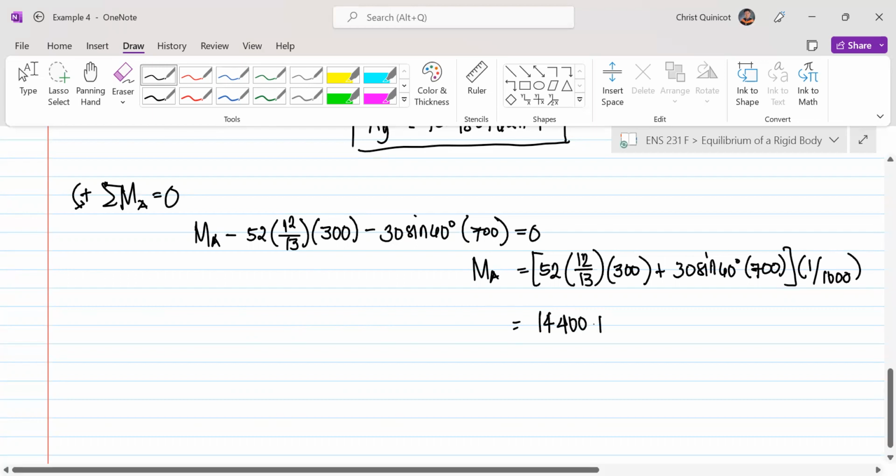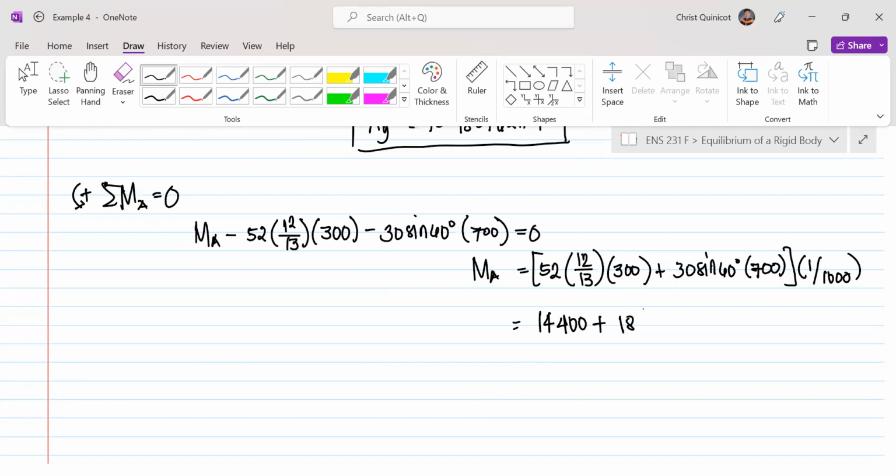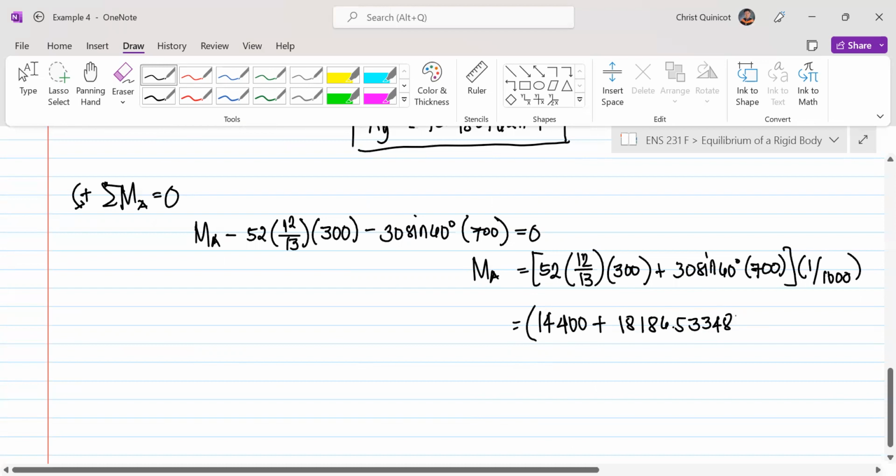and that is 14,400 plus 30 sine 60, that's 25.980 something, times 700, that is equal to 18,186.53348. Multiply this by 1 over 1000.